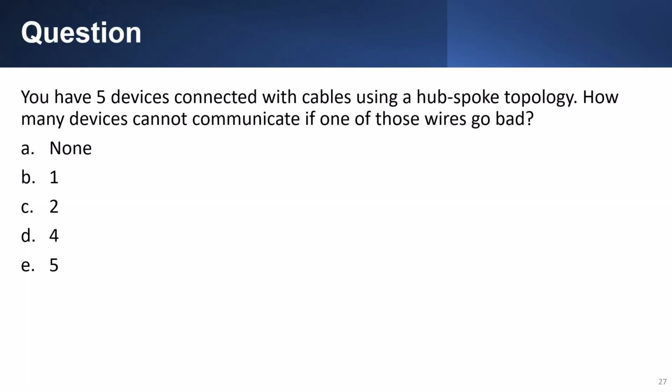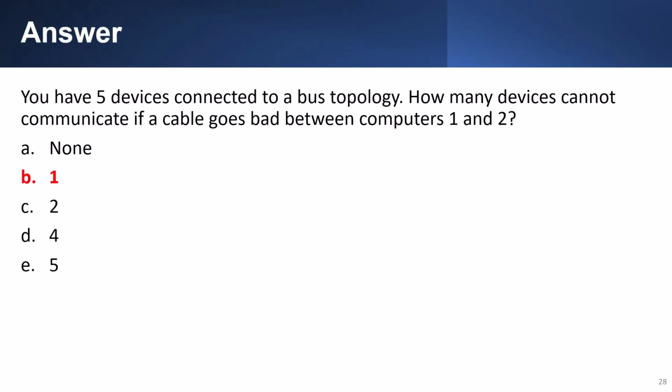Question: you have 5 devices connected with cables using a hub-spoke topology. How many devices cannot communicate if one of those wires goes bad? Answer: 1. Question: you have 5 devices connected to a bus topology.